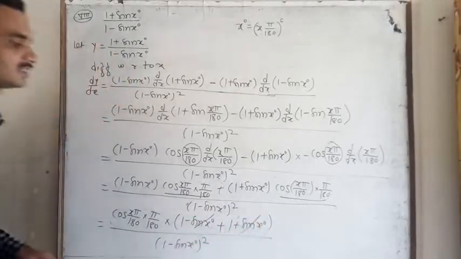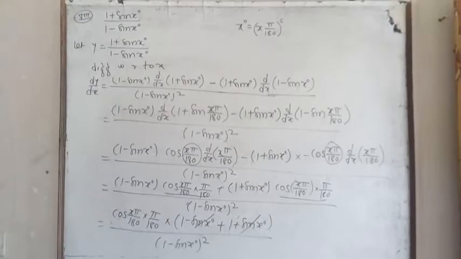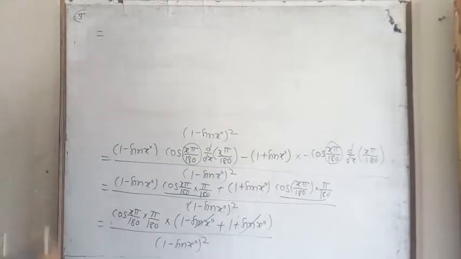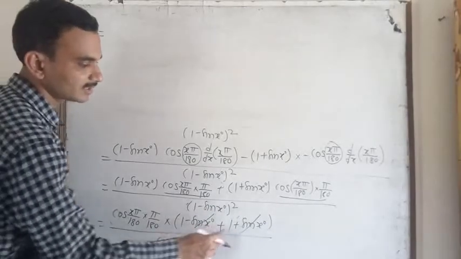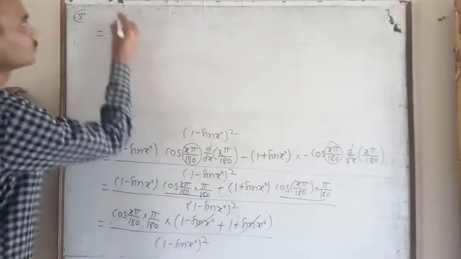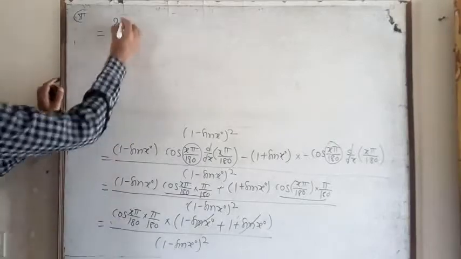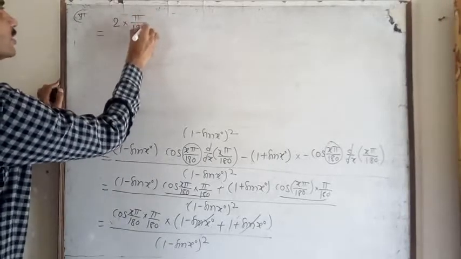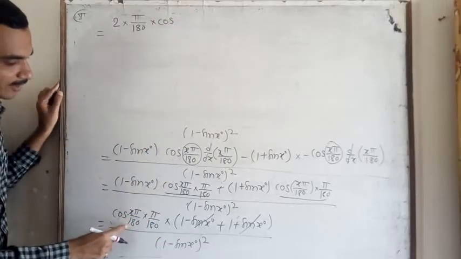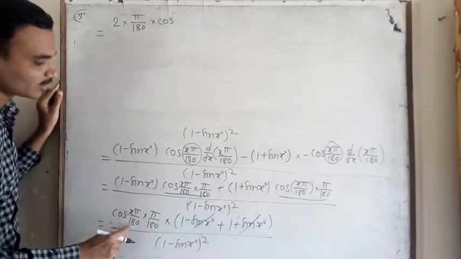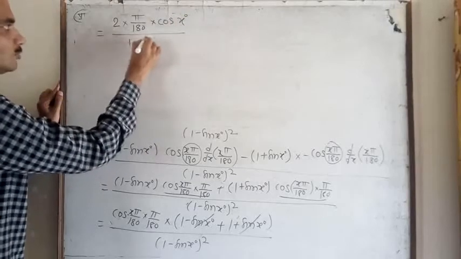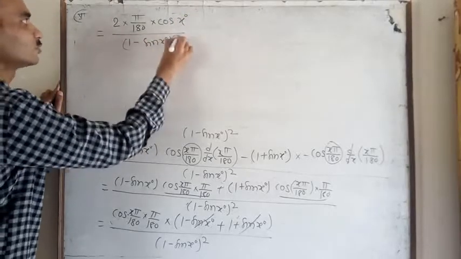Here sin x, sin x degrees cancel. After that, here the minus sin x degree and plus sin x degree cancel. Here there is 1 plus 1 means 2 into pi upon 180 into cos of x pi upon 180, which means x degree here, upon 1 minus sin x degree bracket square.